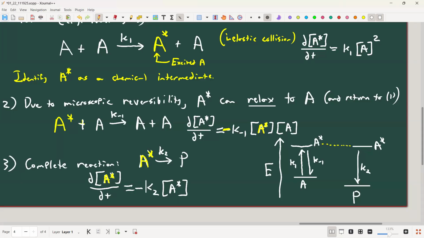That there's always some constant amount of A star in the system because the rate of formation and the rate of destruction are equal to each other. So that means that the rate never changes. So we're going to apply an approximation. We're going to apply what's called the steady state approximation.